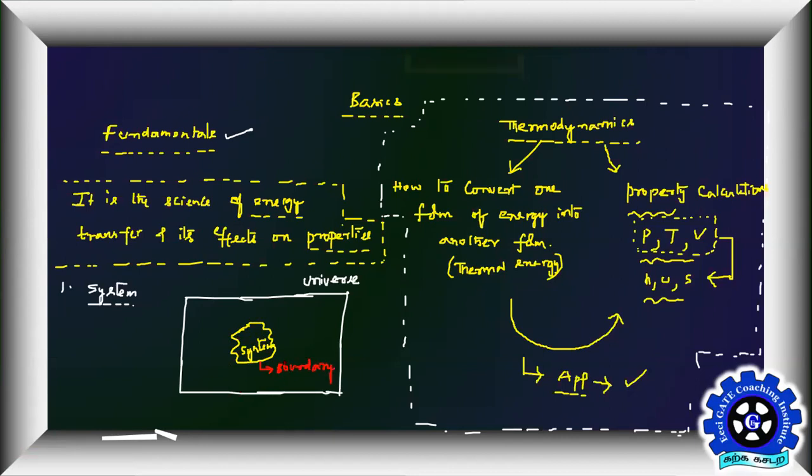This boundary will divide the entire universe into two parts. One is the region under your focus, and the other, which is left in your universe apart from your system, is called the surroundings. These are the technical terms we use in this chapter. Please be careful.